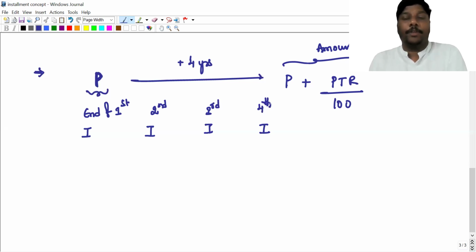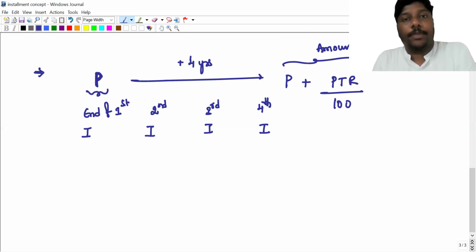The money we have taken is P rupees, and we have to pay P plus PTR by 100. So this is what we are seeing in simple interest. In simple interest, if a certain amount is borrowed, then it is the principal which has been taken. If they say a debt due after 4 years or a debt due after 3 years, we have to pay that much at the end of 3 years or 4 years, which means he is giving you the amount.